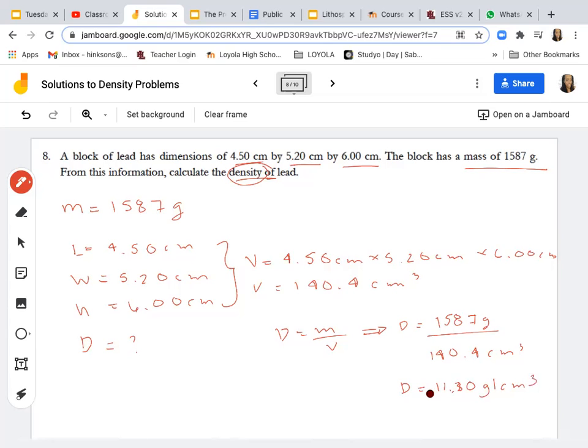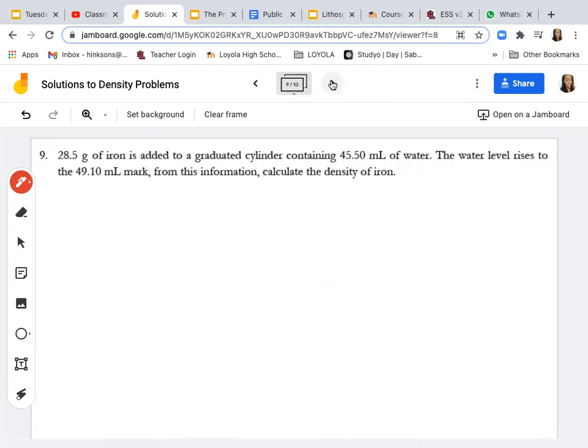Is that what you guys got? 11.30 grams per centimeter cubed. Lead has a high density. Pretty dense. It's lead. That's the density of all lead, right? Yeah.